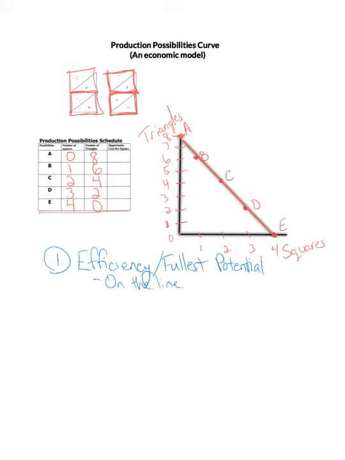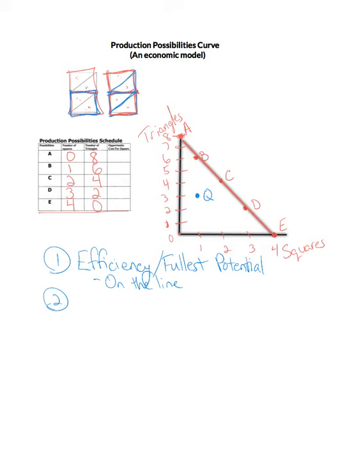So if that's the case, could you produce at point Q here, where you have 3 triangles and 1 square? Well, yes, you could. But is that the best idea? Well, think about it. If you have 3 triangles and 1 square, here's 1 triangle, 2 triangles, 3 triangles, and then 1 square right there.